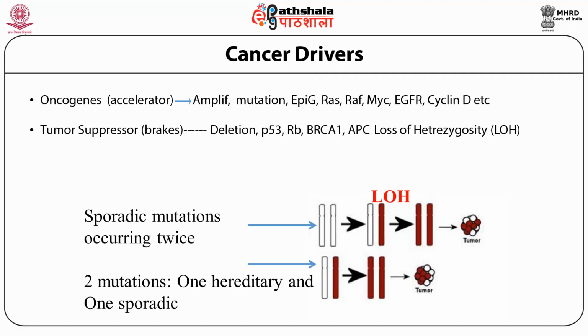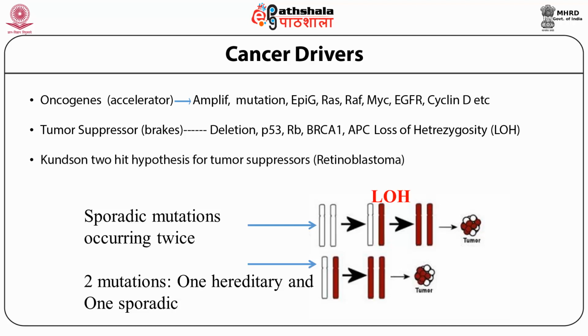Another important aspect of the tumor suppressor is described by the Knudson two-hit hypothesis, which involves loss of heterozygosity when one gene is mutated, and when both genes get mutated or lost, it leads to loss of function. As shown in this diagram, one white normal allele and one red mutant bar indicates loss of heterozygosity.